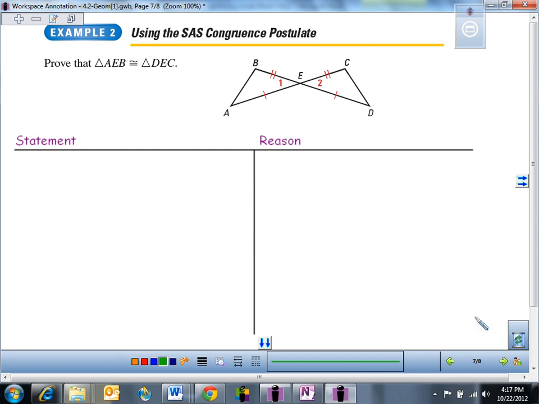So here is a proof. Let's get the given information going. We are given these markings. So I see step 1, AE is congruent to ED because it is given.